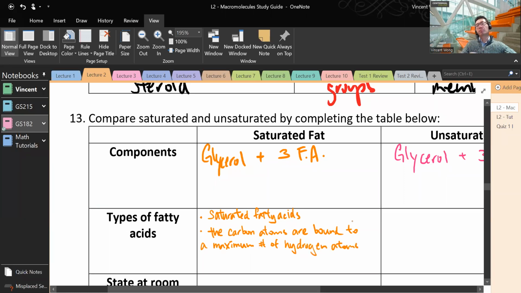They are saturated with hydrogen atoms, and you will have no double bond in the fatty acid.